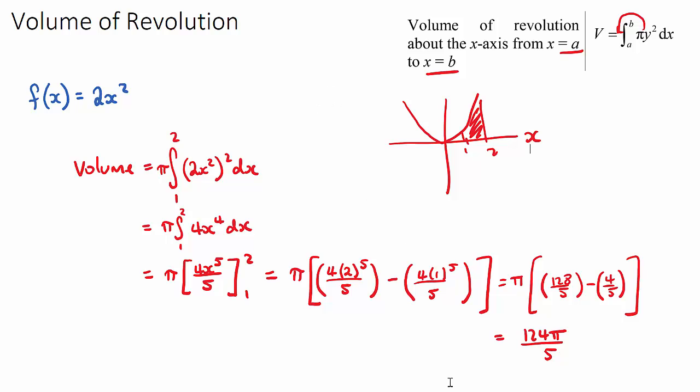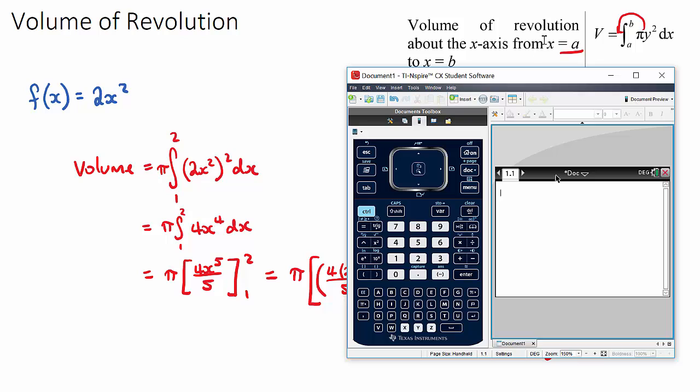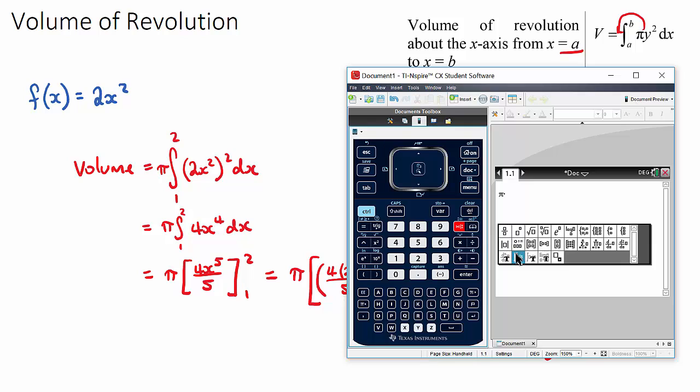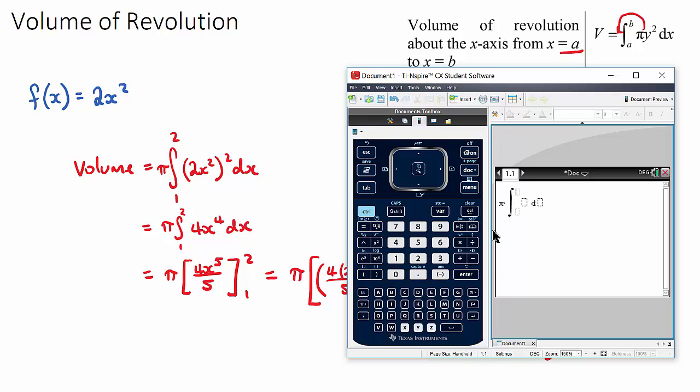Now on our calculator, these questions are typically in a calculator exam, so we can solve it just by going pi multiplied by our definite integral between 2 and 1 and we'll have our function, which is 2x squared, and we need to square this, and we just have a dx at the end.